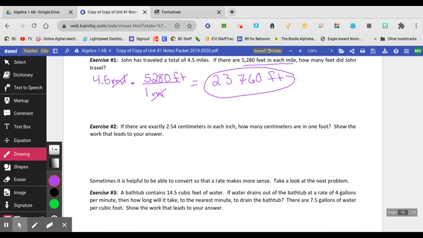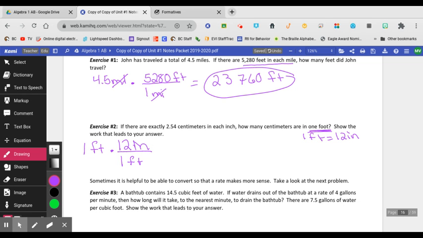Number 2, if there are 2.54 centimeters in an inch, how many centimeters are in 1 foot? Show the work that leads to our answer. Well, we know that 1 foot is equal to 12 inches. So I can start out with 1 foot, and then I'm going to multiply by 12 inches per 1 foot as a factor.